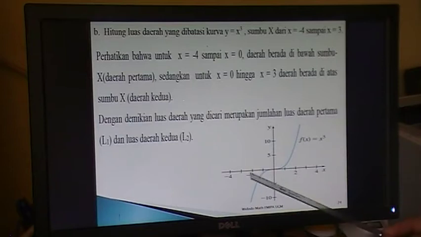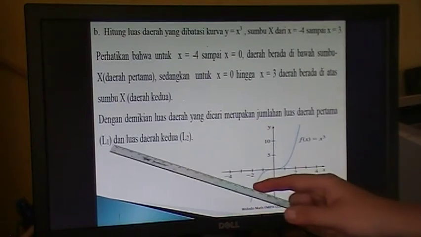Between minus 4 and 0, the value of f(x) is negative, and between 0 and 3, the value of f(x) is positive. Here, the left side is L1 and the right side is L2. So the area is actually the sum of L1 and L2.